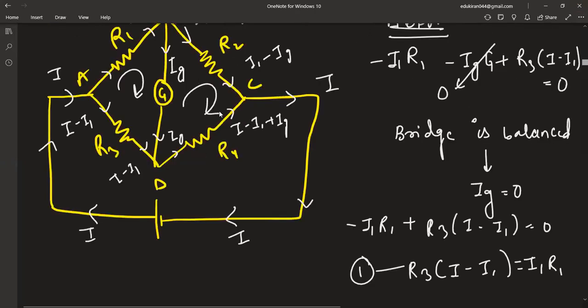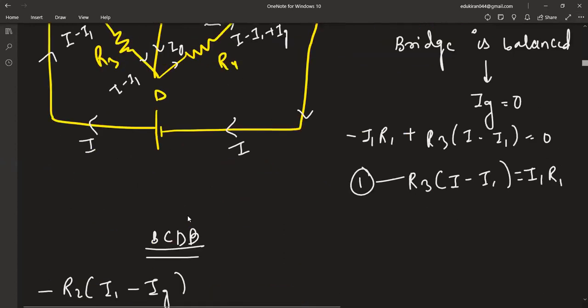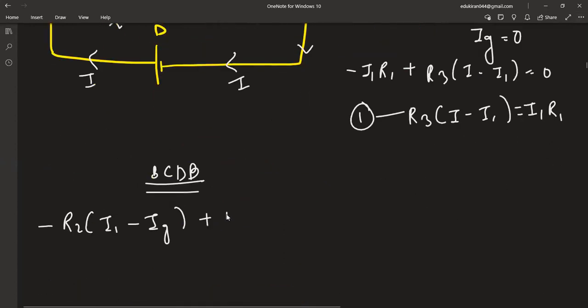Yes. So coming to this, we are moving again in the opposite direction. Opposite is always positive, so plus we will take resistance into current. So this becomes plus R4 into I minus I1 plus Ig.